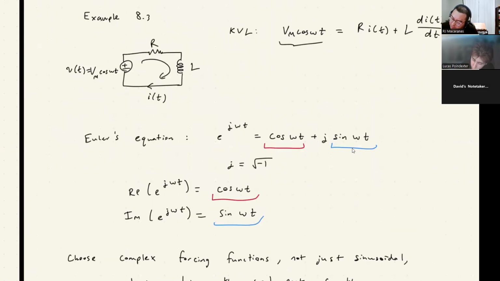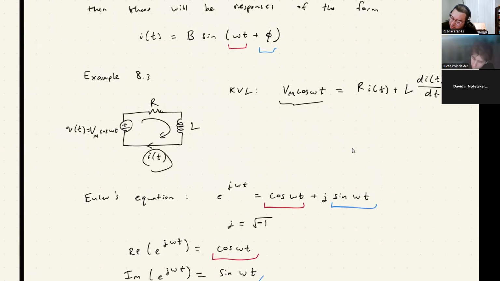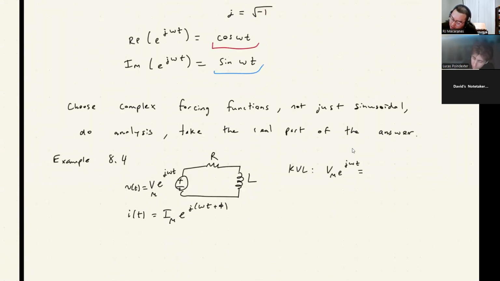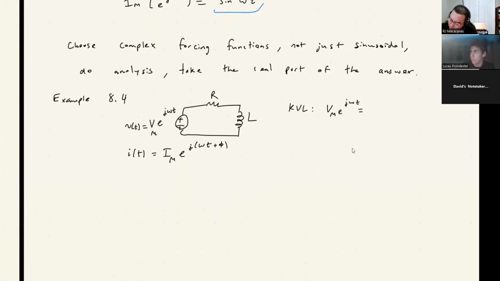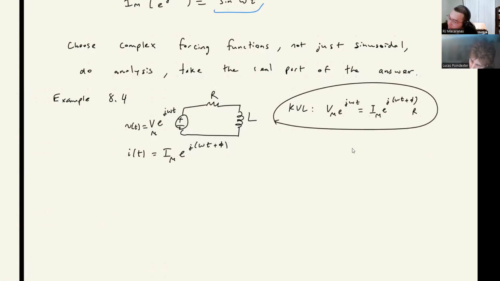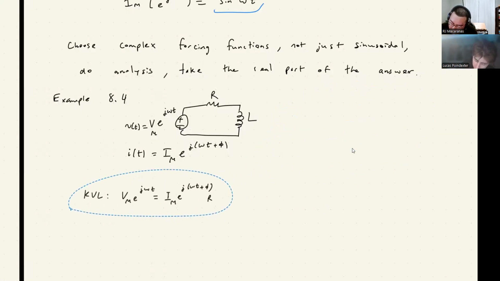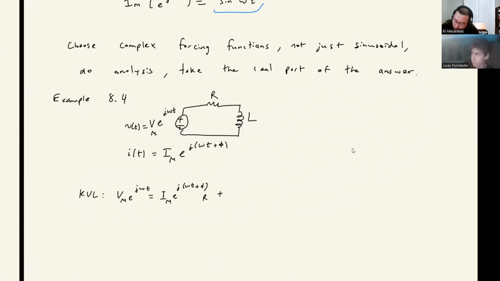And instead of this function of time, our current, well, it's still a function of time, but we know it now to have some complex behavior. So this is going to be times R, plus L times d by dt.